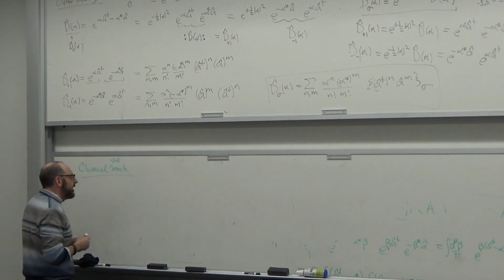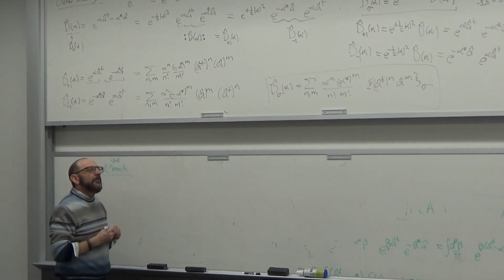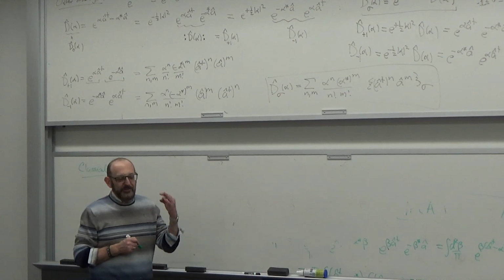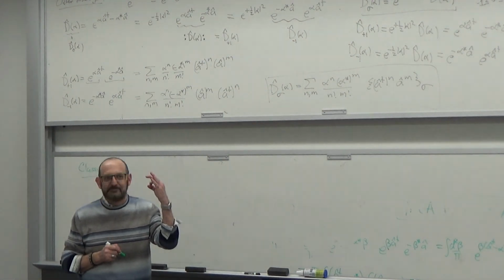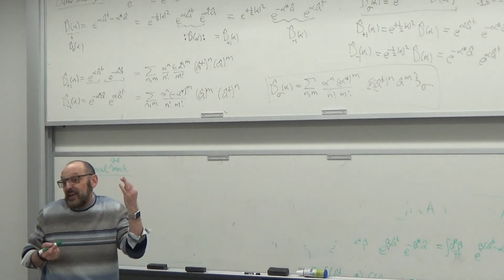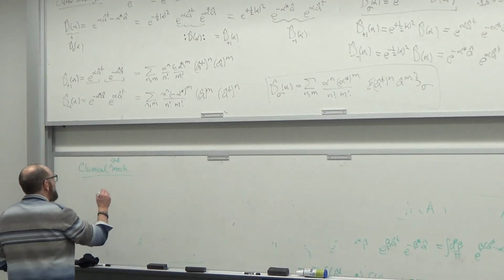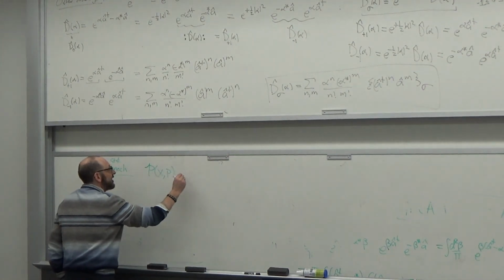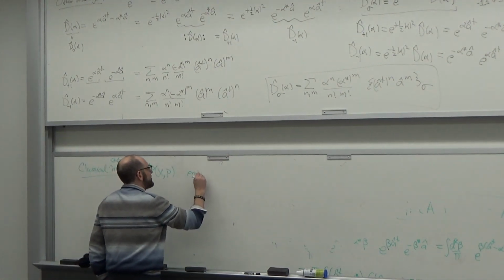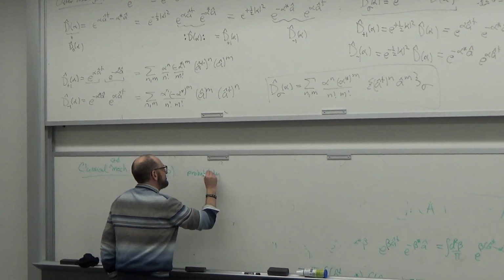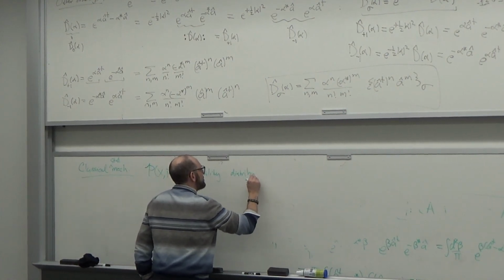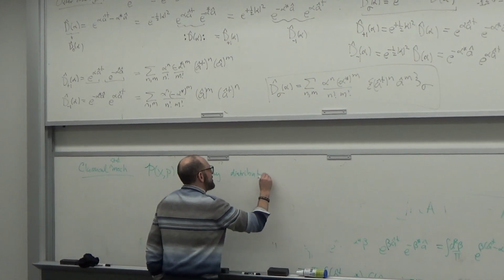How would I describe the state of the system? Well, if I know for sure, it's a point in phase space. But if I just have classical statistics, I would say I have some probability distribution on phase space.